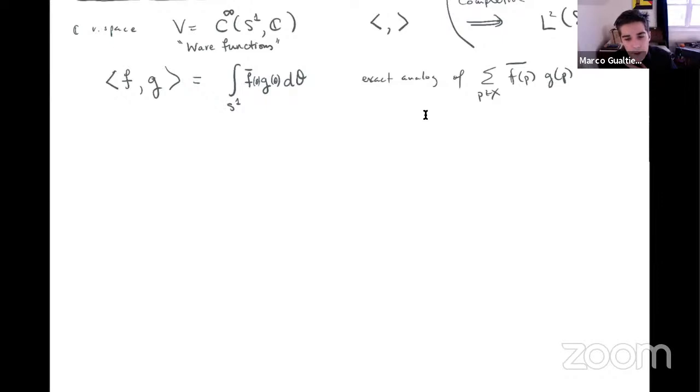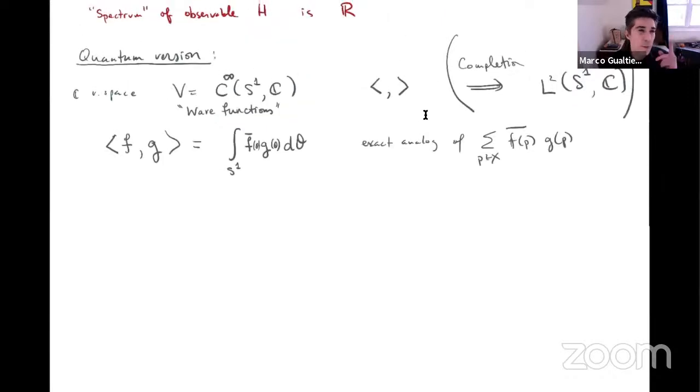Now, in order to make a quantum system, this is the vector space with the inner product, but I need the Hamiltonian. The Hamiltonian will dictate how this thing evolves in time. Now, in order to get the Hamiltonian, I need a self-adjoint operator.